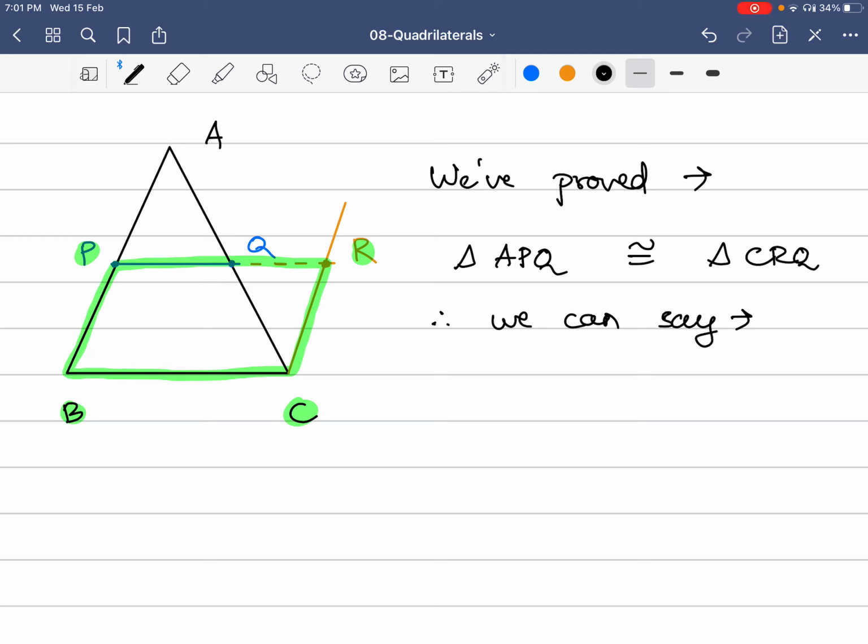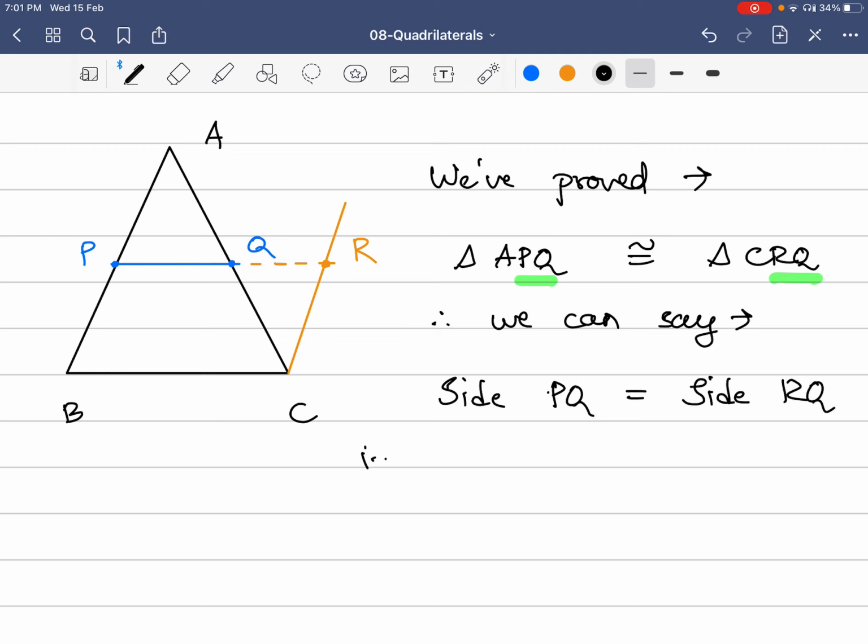So we have proved that these two triangles are congruent to each other. So we can say that PQ is equal to RQ. So we can say side PQ is equal to side RQ.